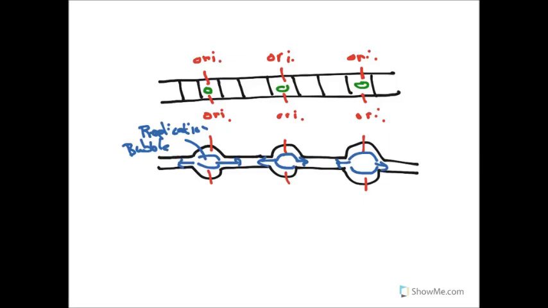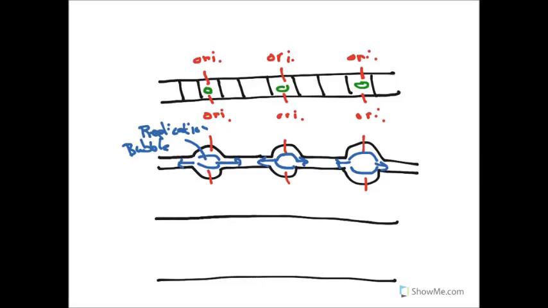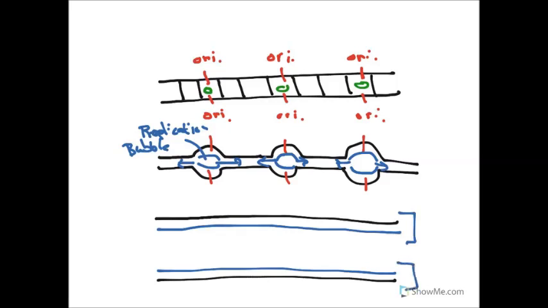And eventually, these bubbles will all touch each other. And when these bubbles all touch each other, these 2 DNA strands will separate. So these bubbles keep going until all the bubbles touch. And when they do, the DNA will now separate, and we will have 2 semi-conservatively replicated DNA strands who are anti-parallel to each other with their 5' and 3' ends.